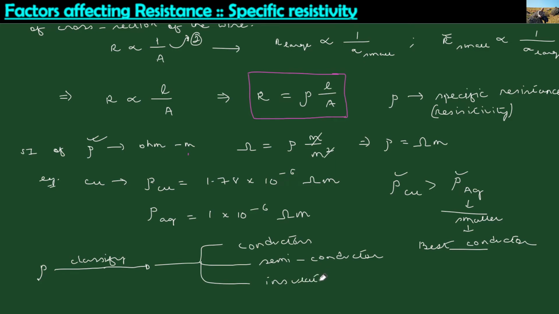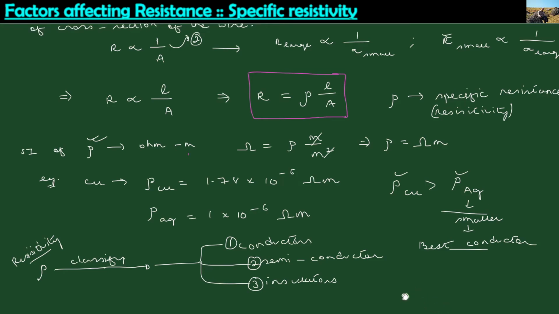So all these three materials, this is number one, this will be number two, and this will be number three. So on the basis of resistivity, we can classify materials into three different types: conductors, semiconductors, and insulators.